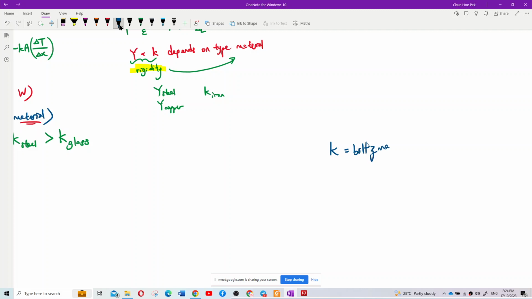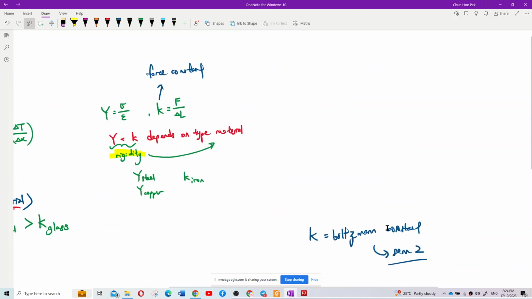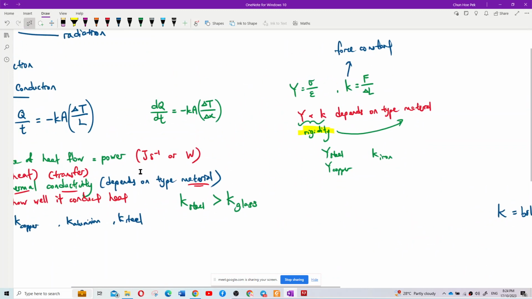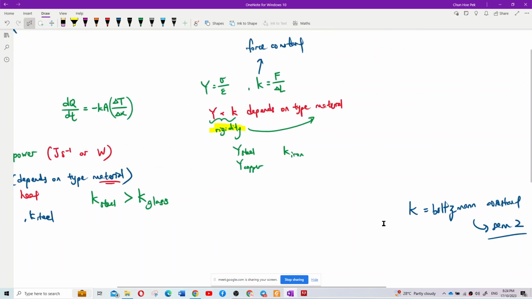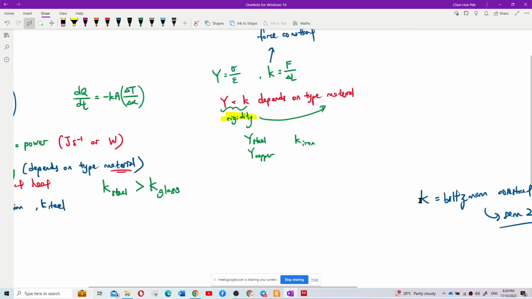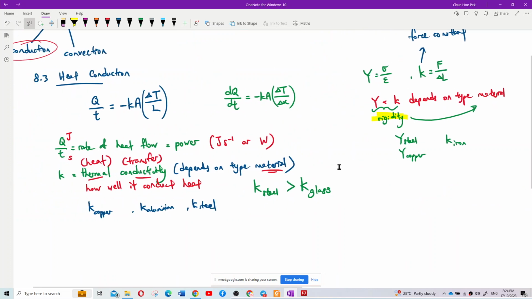You learn it in Sem 2, not now. So K is used in three places: thermal conductivity, force constant, or Boltzmann constant. Okay, so be careful, class.